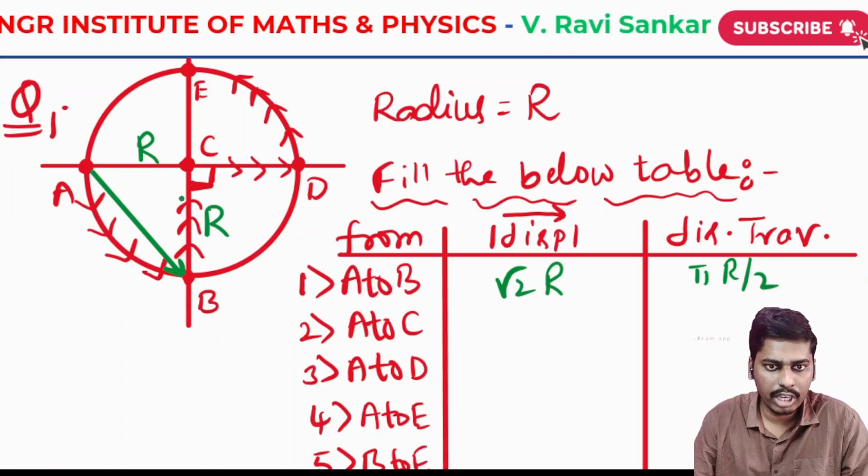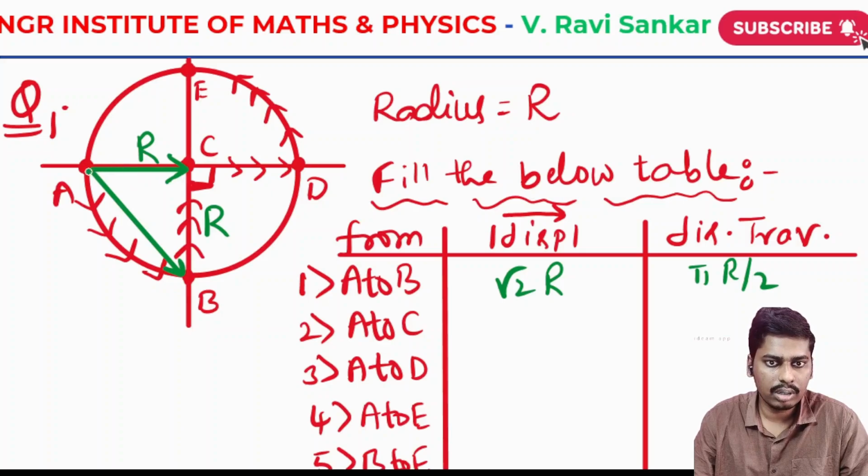And from A to C, this is A to C. A to C is nothing but the straight line joining the initial and the final point, and the direction is towards the final point.